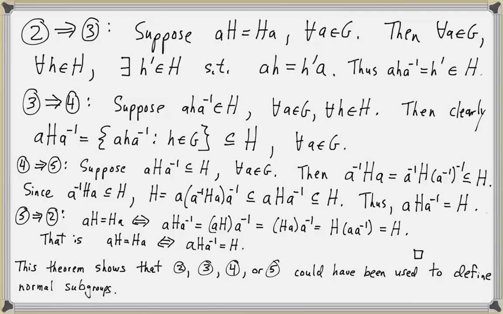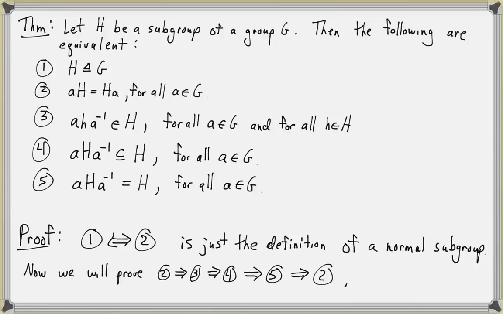So if we go back to the theorem, we see that if we want to show that H is a normal subgroup of G, we can prove any of these equivalent statements. So now we will give some examples of normal subgroups.